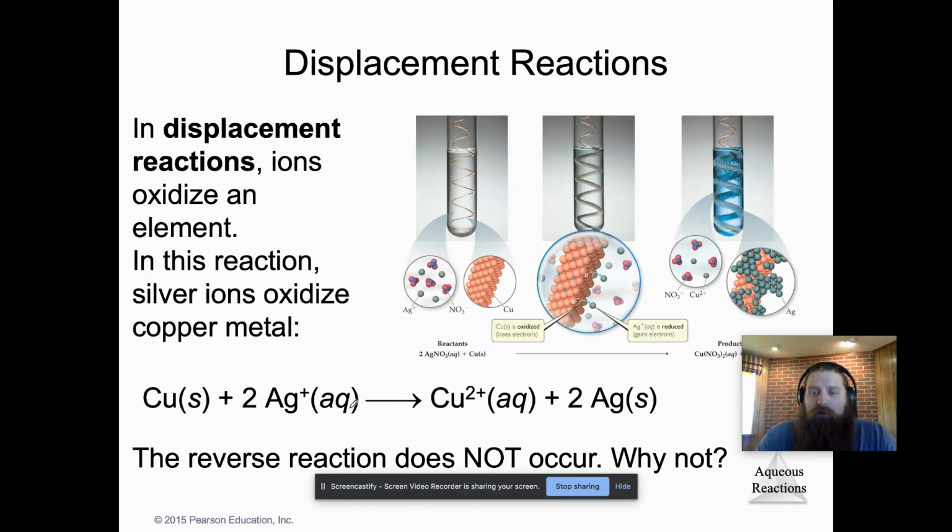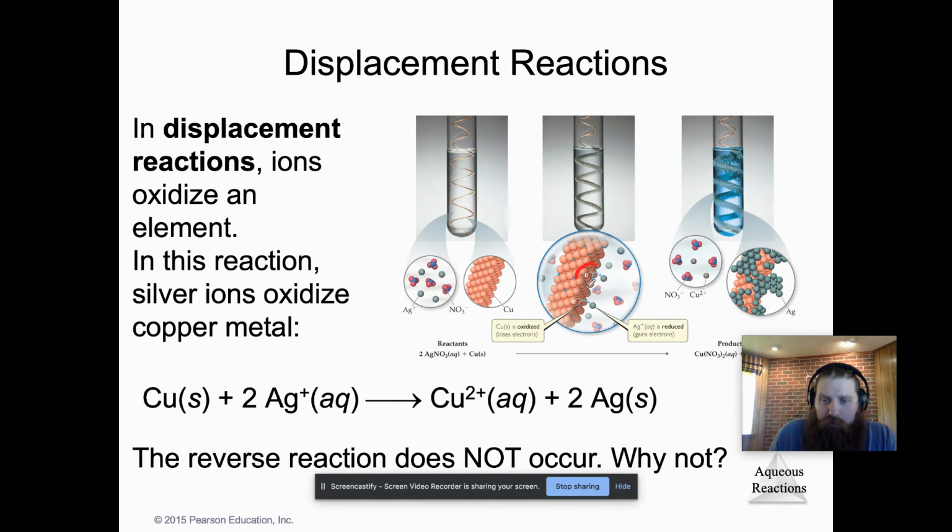Now, whenever there's a displacement reaction, a lot of times the ions are oxidizing an element. So this is one that if we come back in school, I'll actually do with you guys. It's a pretty cool reaction. We're going to take silver nitrate and copper. We put the copper down in there, and the silver literally just precipitates out of solution. And you can kind of see what's going on if you look in this middle thing here.